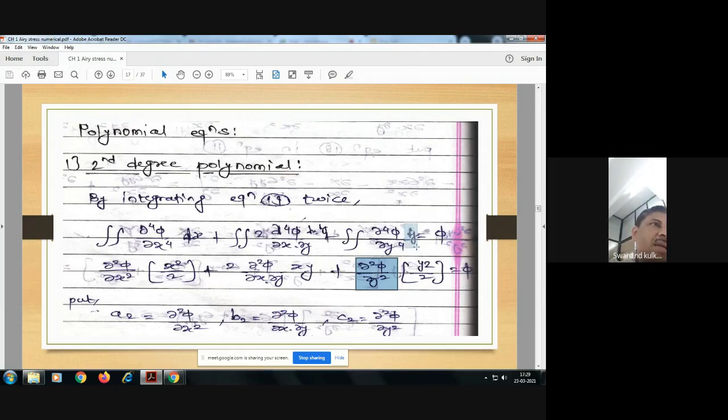In the first integration this dy will get converted into y, and in the second integration this y will get converted into y²/2. Is it okay?